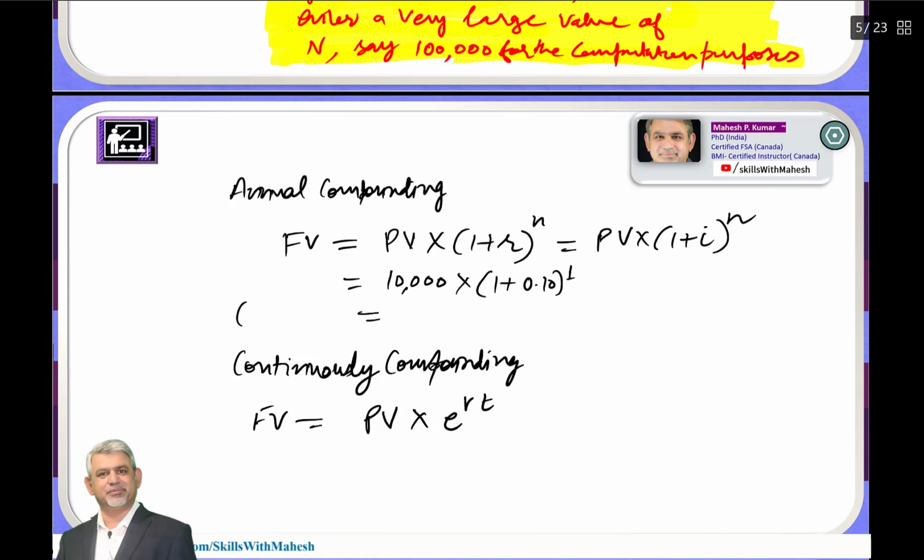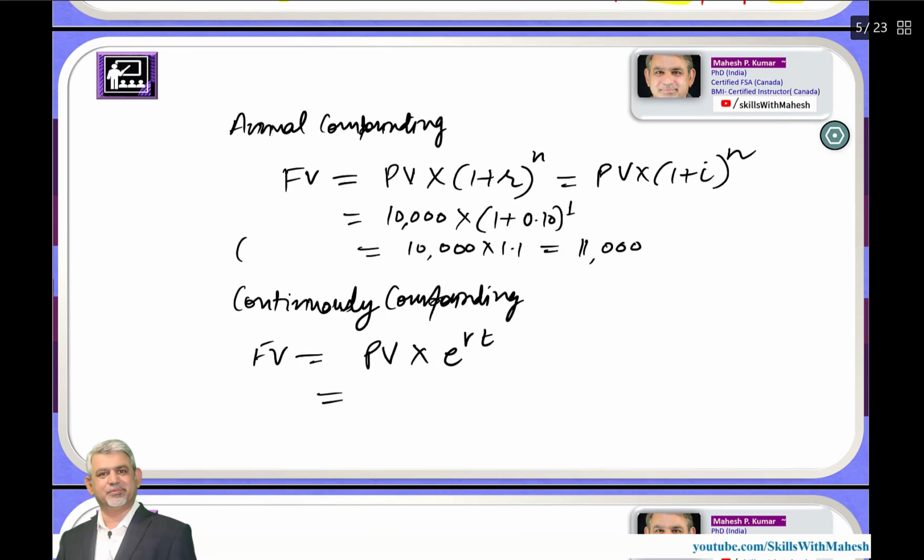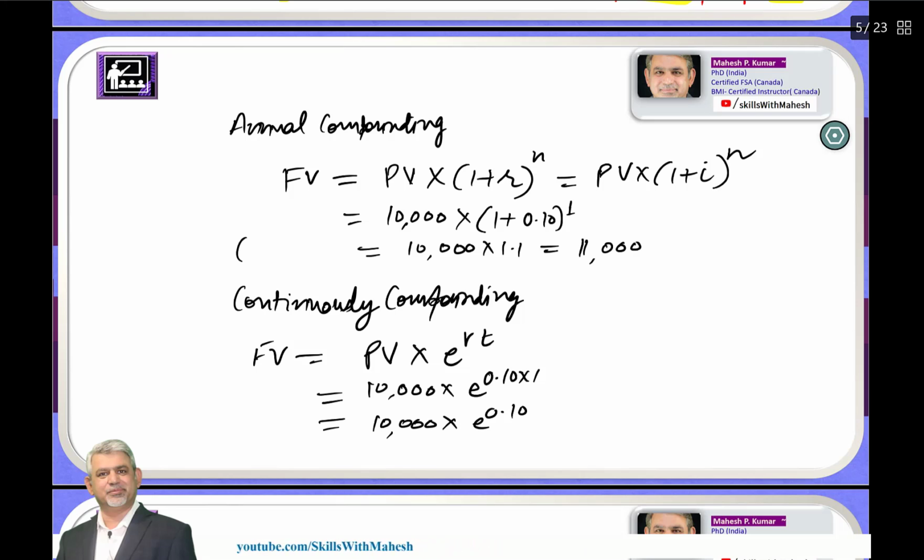So the future value will be 10,000 times 1.1, which is $11,000. But in continuous compounding, present value will be multiplied with e exponent rt. r is the continuously compounding rate, and let us assume that it is 10% and t is 1. So we have 10,000 times e exponent 0.10.